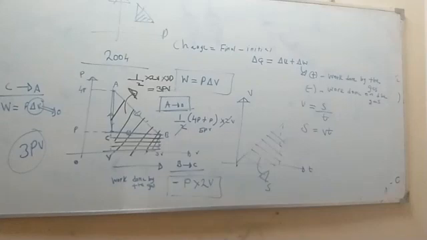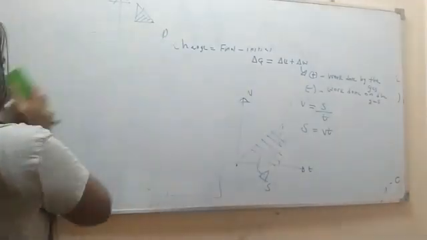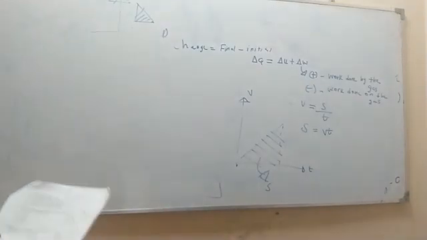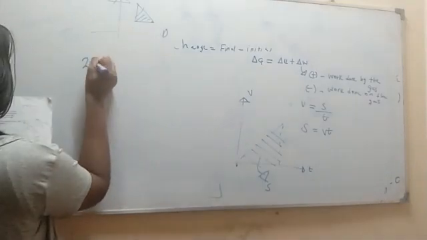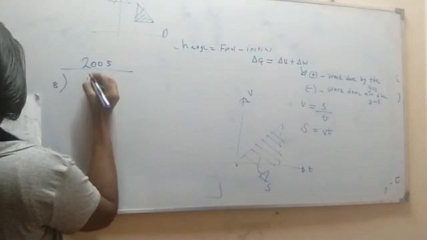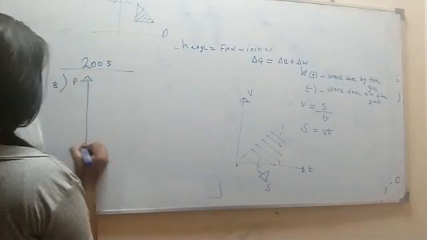We'll look at the next question. Question number 8, 2005 question. They are given a P versus V diagram.